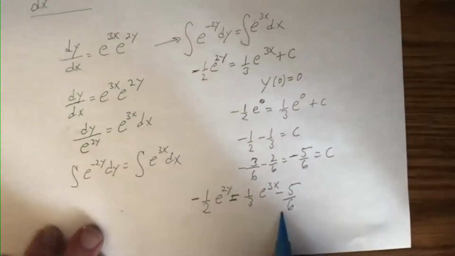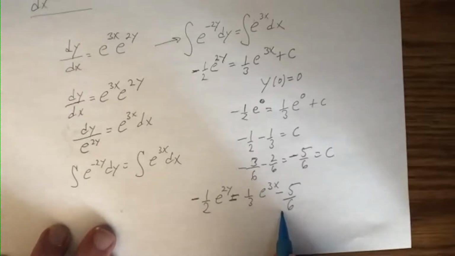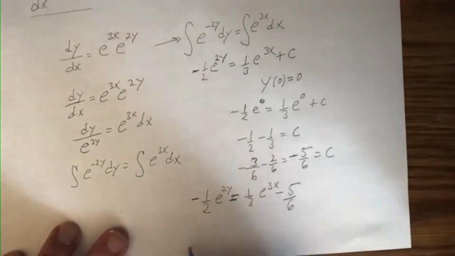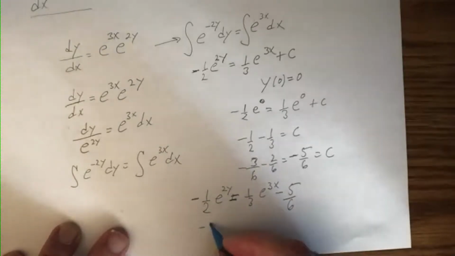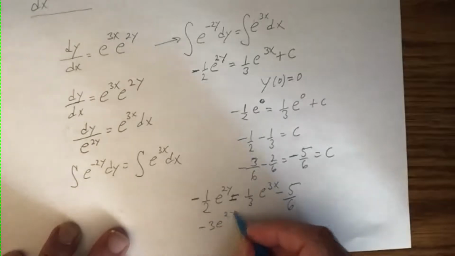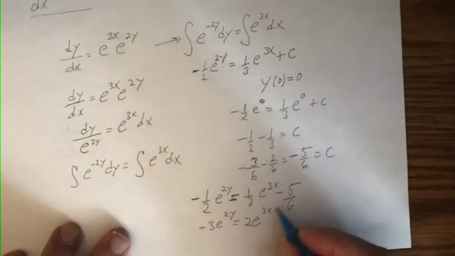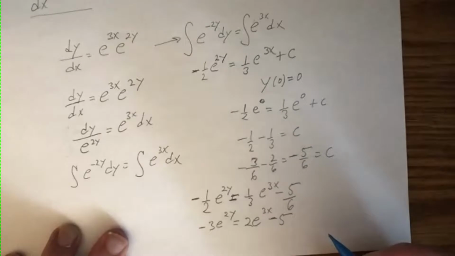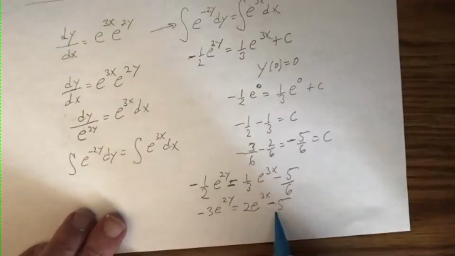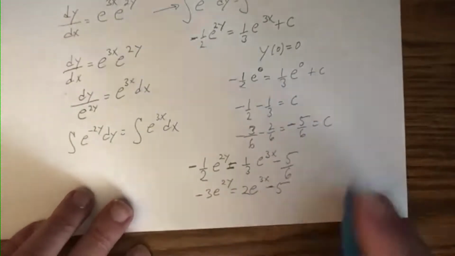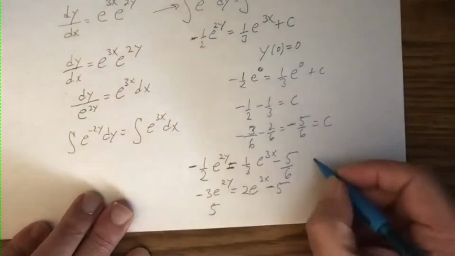If I multiply everything through by 6, another way of writing it is minus 3 e to the 2y equals 2 e to the 3x minus 5. I'm just taking a look at how I have it in my notes. And I could bring the 5 over here. But this is a good answer.